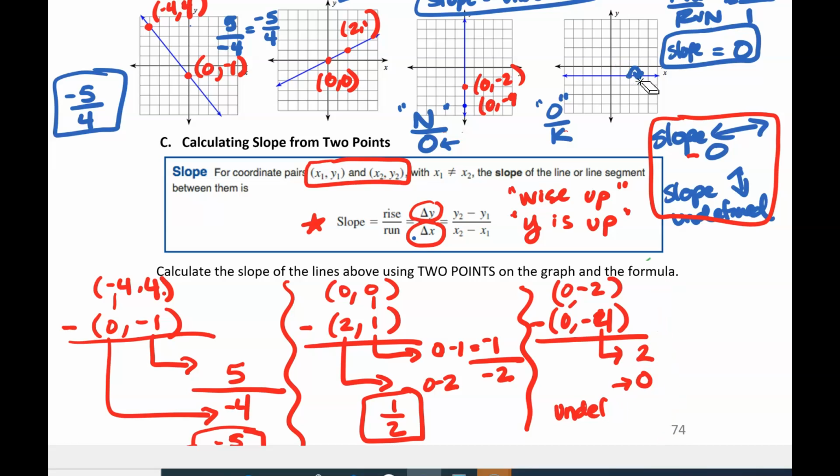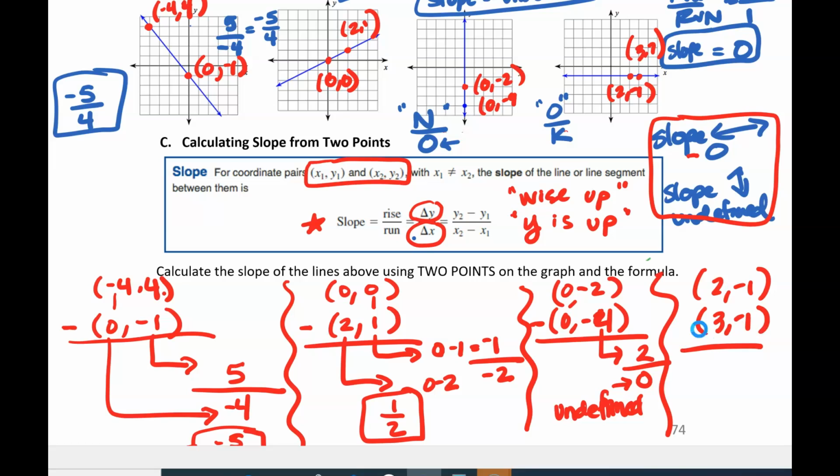And then this last one, whoops, I just erased all that. There we go. Okay, this last one, I've got 2 points: 2, -1, and then 3, -1. Then I subtract.